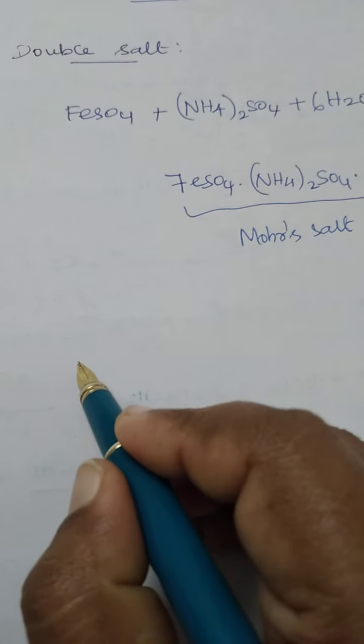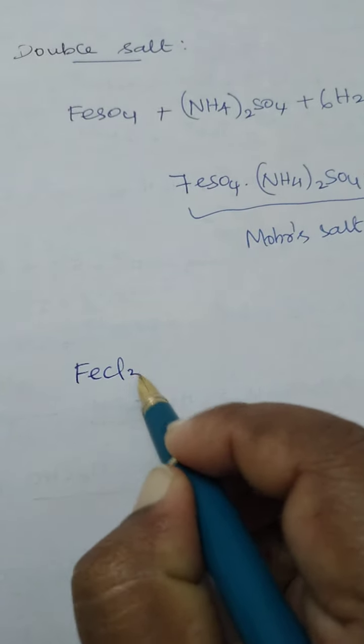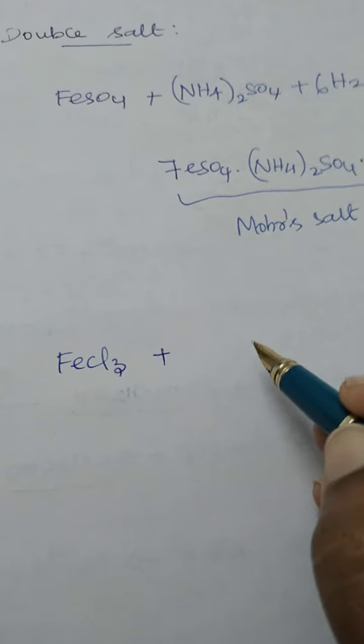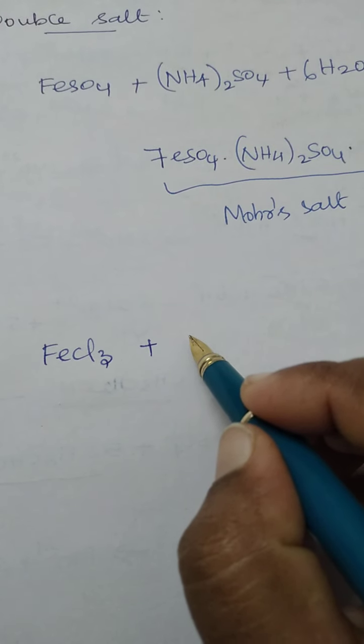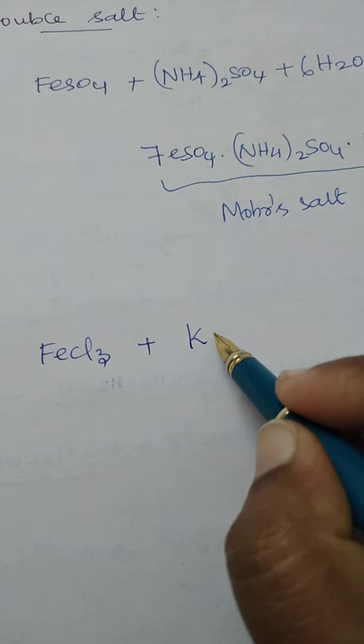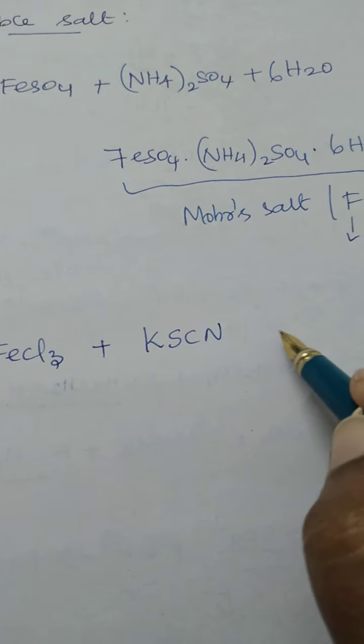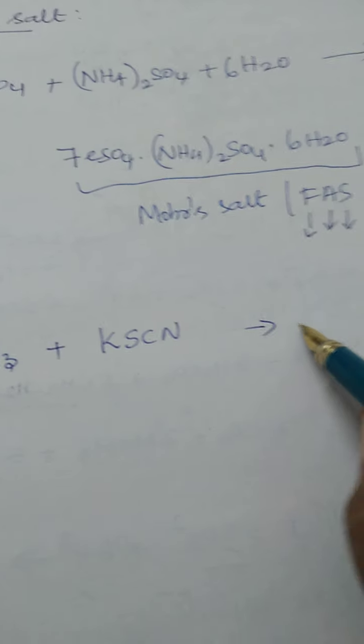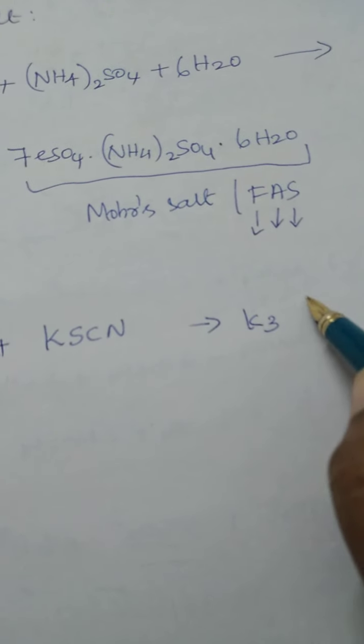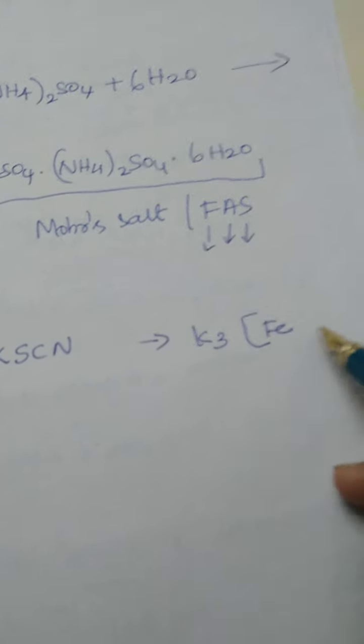I'm going to do the other reaction, where ferric chloride is added with potassium thiocyanate, KSCN. I will get the compound K3[Fe(SCN)6].